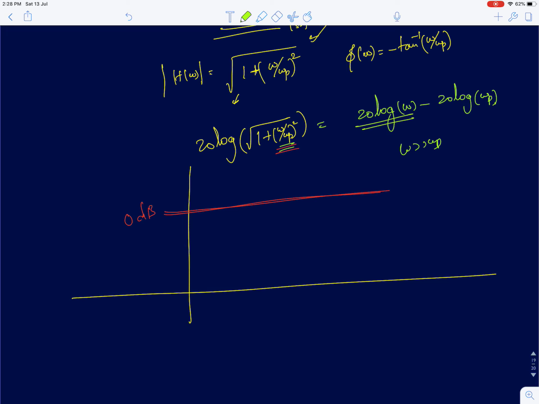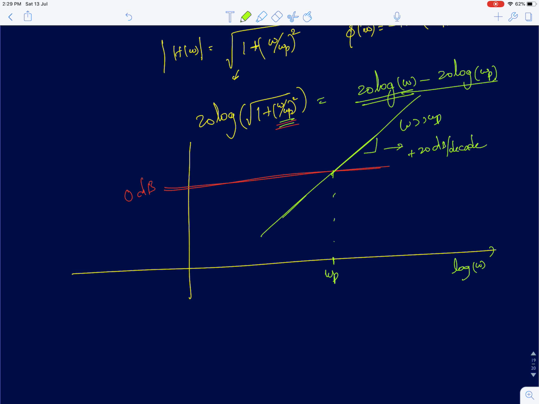Now if you see here, this function increases with omega with a slope of 20 dB per decade. At omega equal to omega p, it is at 0 dB, and then it increases linearly with a slope of plus 20 dB per decade, where omega is on a logarithmic axis.